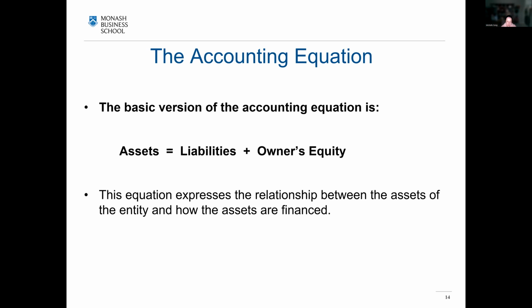The accounting equation is simply assets equal liabilities plus owner's equity, or what we used more often last week, owner's equity is a residual of assets minus liabilities, which is owner's equity equals assets minus liabilities. Okay, what does this equation tell us?